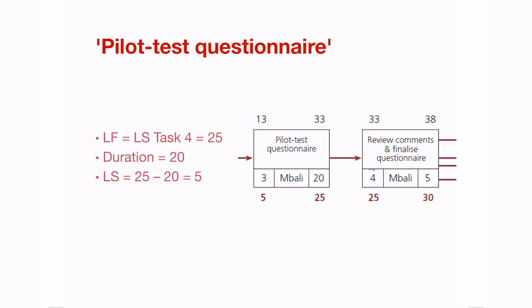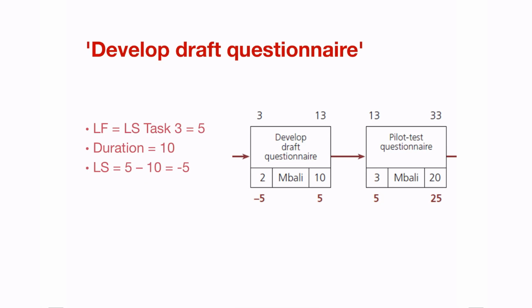Then we look at activity number 4 and activity number 3. Now finally we get to activity number 3 and activity number 2. Now already you can see that we've run out of time.